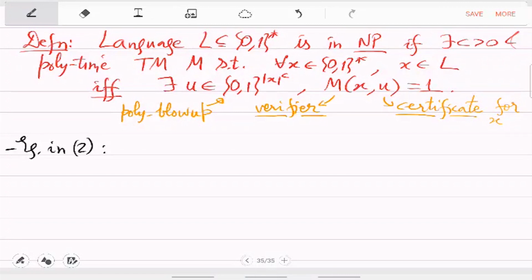So in problem 2, which was subset sum, subset is the certificate, right? You are given T, and what is the certificate of T?